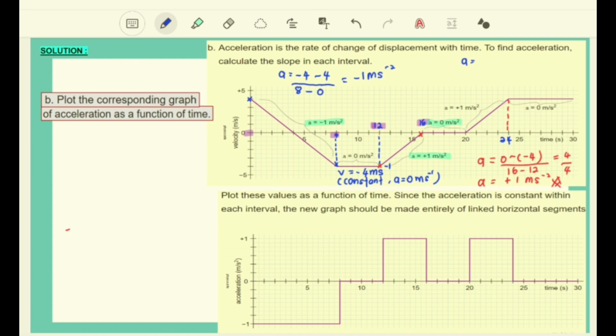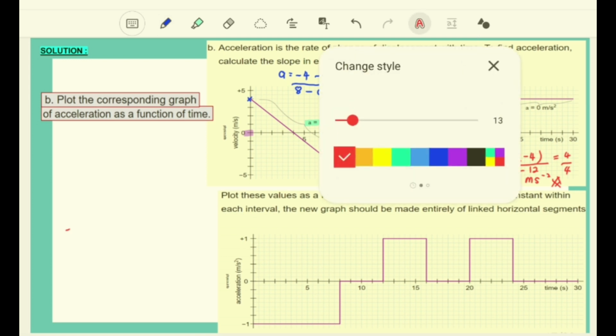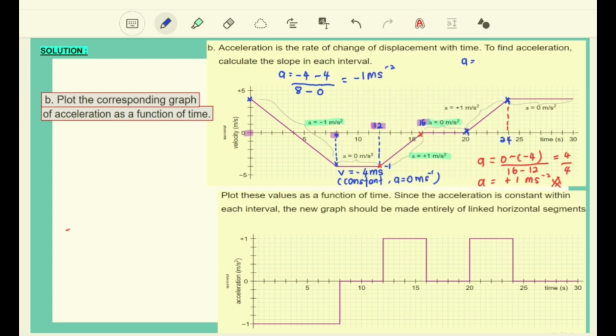Same goes to this one. This is final, this is initial. Now calculate. Final is 4, 4 minus 0, divided by 24 minus 20. So 4 divided by 4 is positive 1. So yes, we get positive 1.